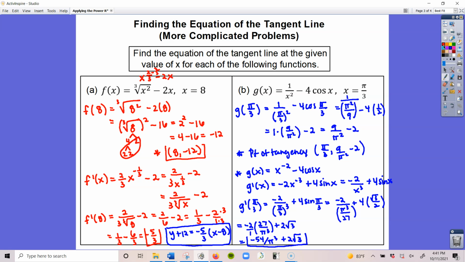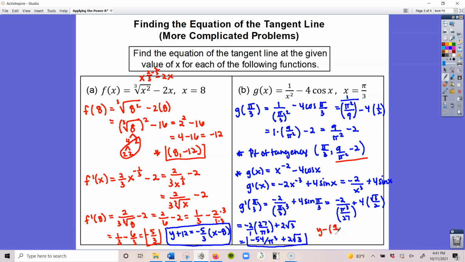So now let's go ahead and write the equation of that tangent line. We have y minus the y value, which is all of this. So I'm going to make sure to put that in parentheses because that is the entire value of the y.